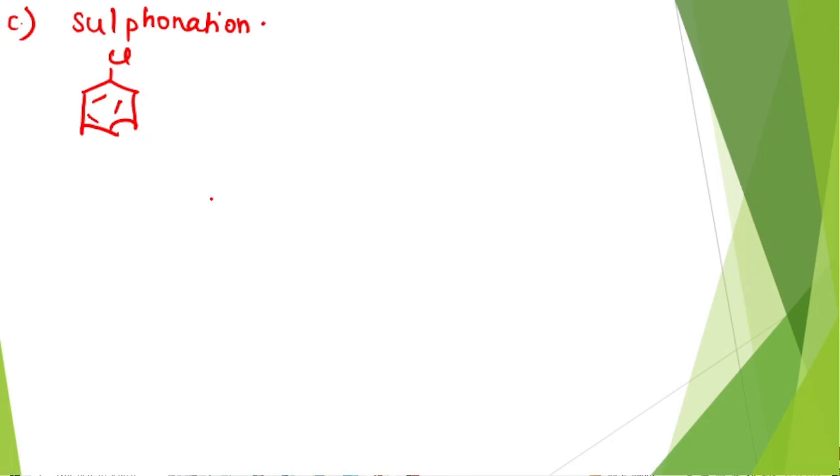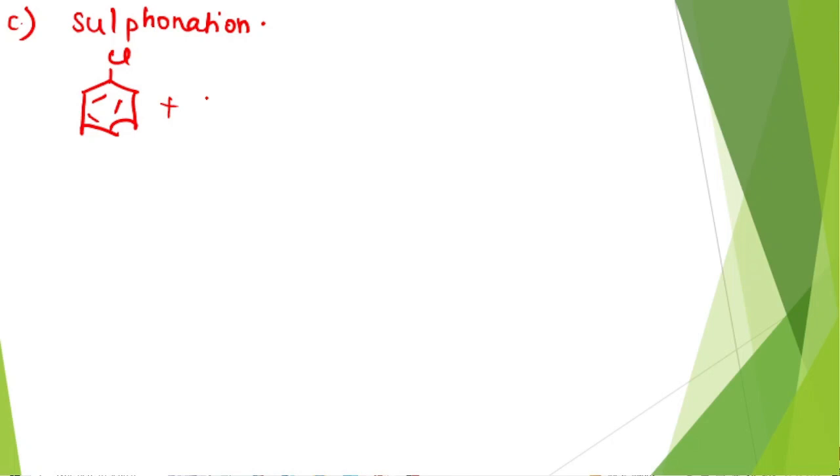Now we are starting with sulfonation. So C is going to be the sulfonation reaction. Here also we are taking the benzene ring with chlorine attached, in the presence of H2SO4.